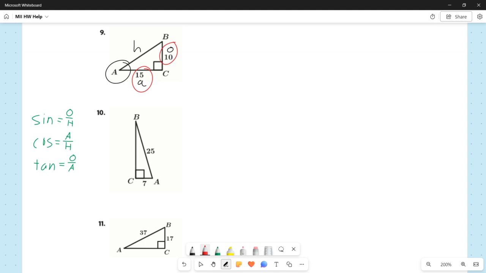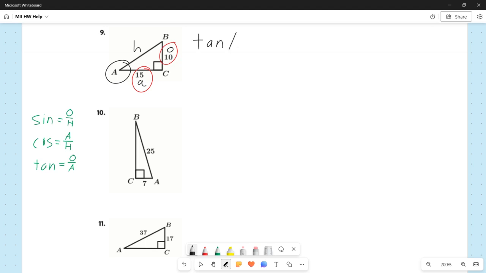Between sine, cosine, and tangent, the function that connects both opposite and adjacent has to be tangent. In order to use sine or cosine, you would need to know the hypotenuse, which we can get, but why bother? It's just extra work. So let's just use tangent and ignore the hypotenuse completely.